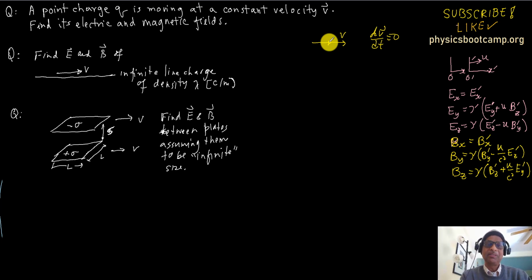The second one is very similar. If a wire is carrying current I, you have a magnetic field circulating this way.